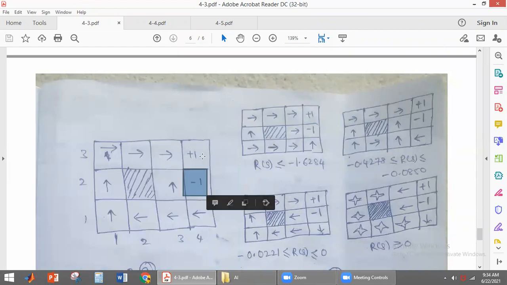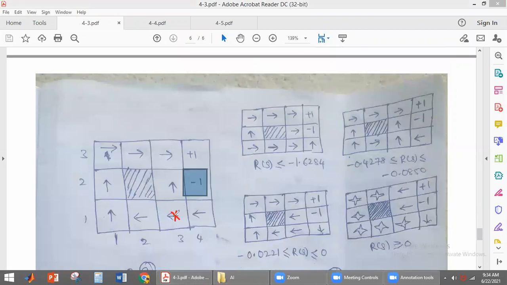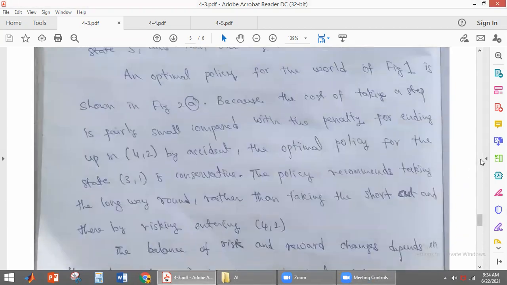It always wants to enter +1. Even if it takes more steps to reach +1, the cost of taking the steps is very small compared to entering -1. That is why the agent will take the long route to reach +1. So the policy here will take the long way around rather than taking the shortcut.